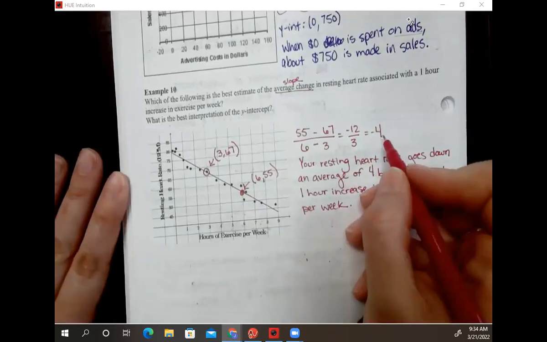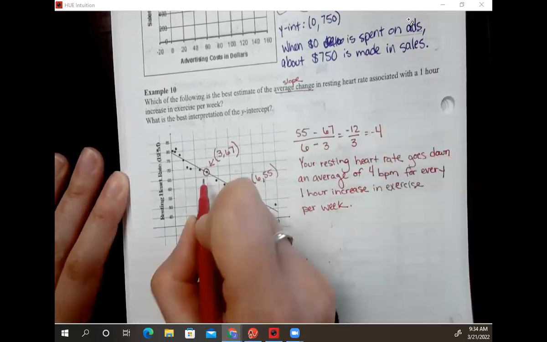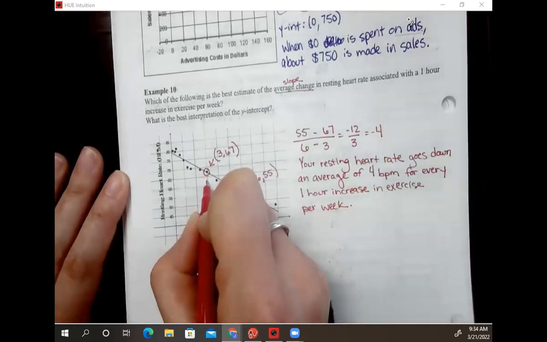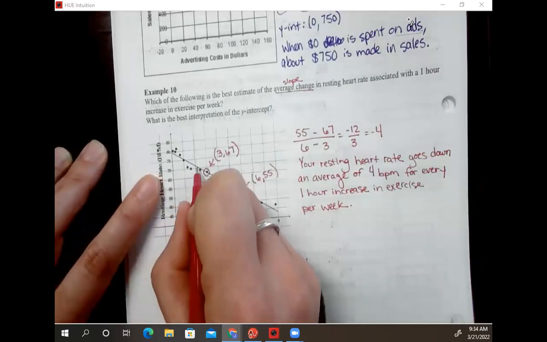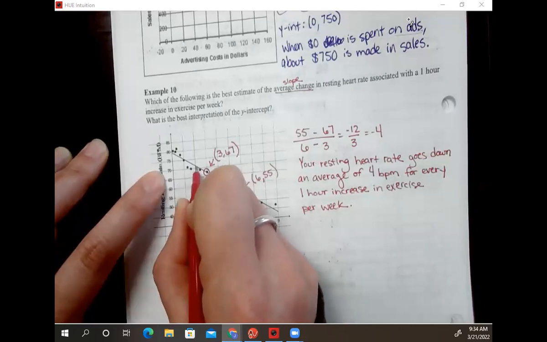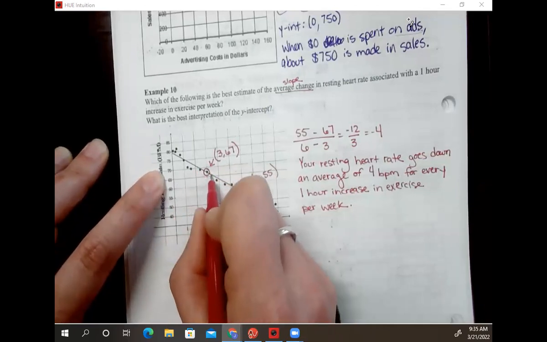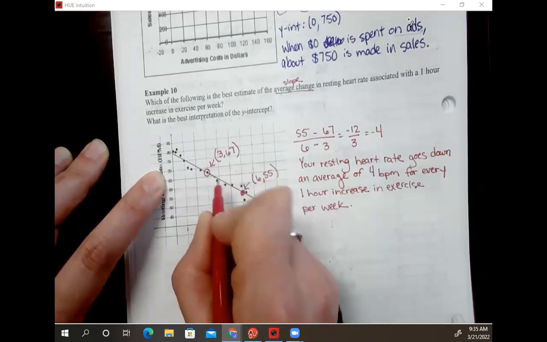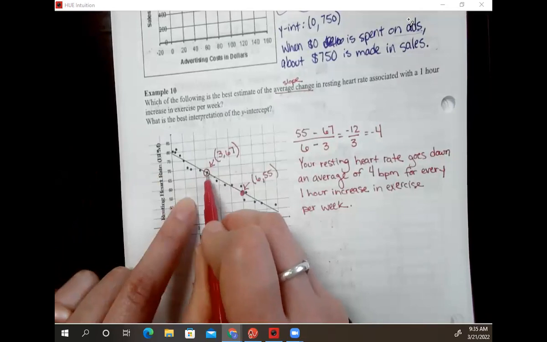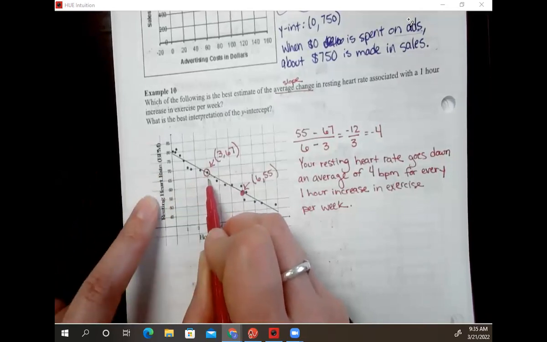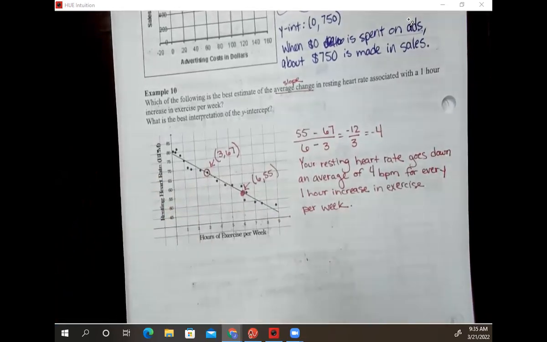So if I thought about what this means, if I say my slope is negative 4, that means I'm going down 4 and over 1, right? And the labels here make this a little tricky. So I'm going down 4 and over 1, right? From wherever I am on the line, down 4 and over 1. So that means that the 4 I'm going down is my resting heart rate in beats per minute. The 1 I'm moving forward is increasing that hours of exercise per week.